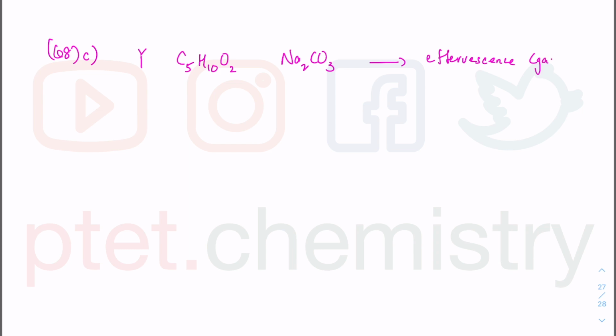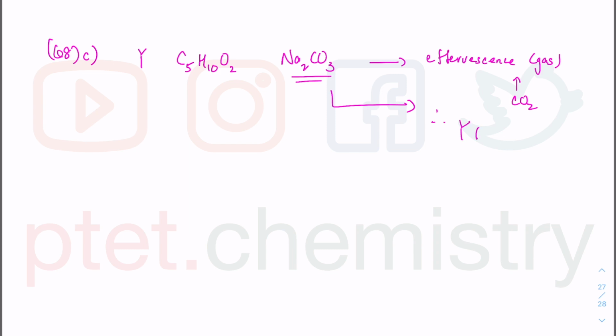On to the next part. So this is question 8C. This is proton NMR. So we're looking at compound Y, C5H10O2. It can react with Na2CO3, and you get bubbles, you get effervescence, you get a gas. Anything that reacts with carbonate and gets a gas, that gas is CO2.